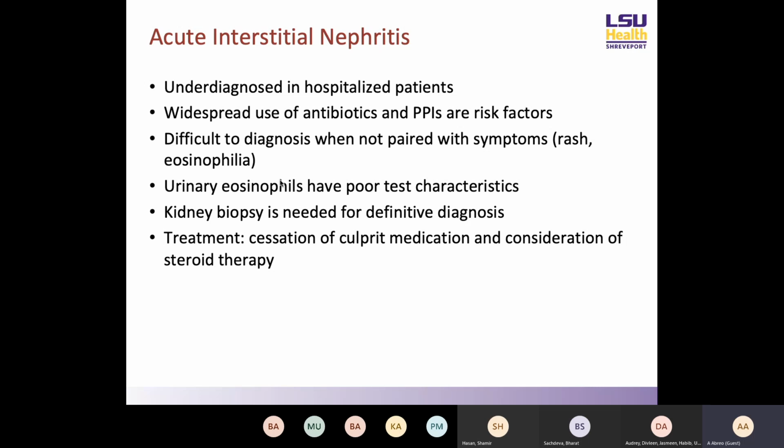But if you are absolutely making the diagnosis, then you want to pursue kidney biopsy. And of course, the first line treatment is cessation of the culprit medication. And then if it's progressive or not improving, you would consider steroid therapy as well.